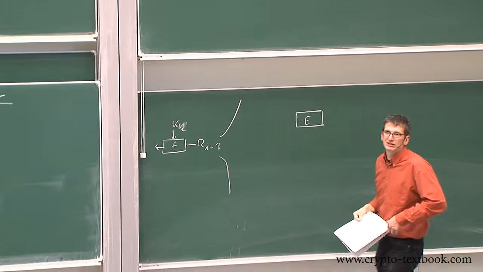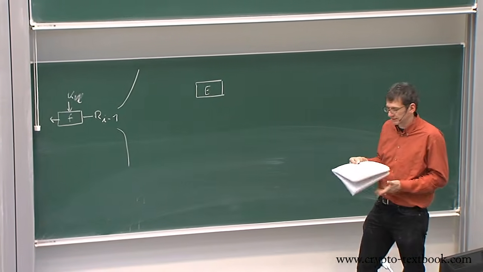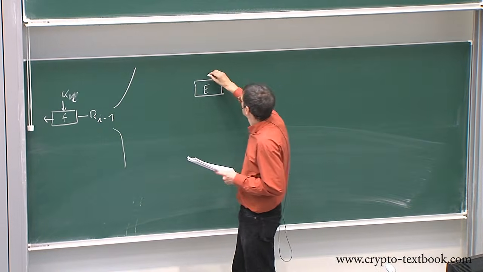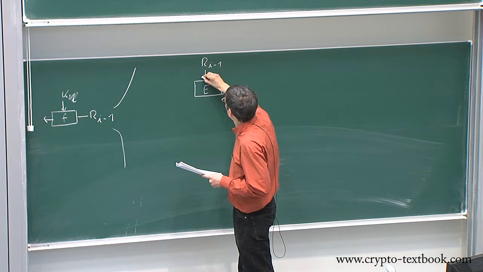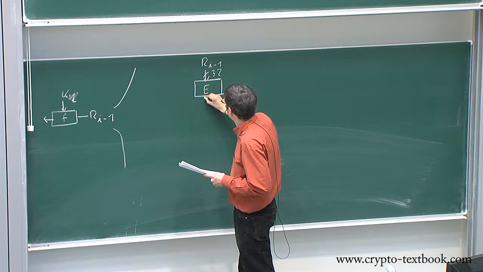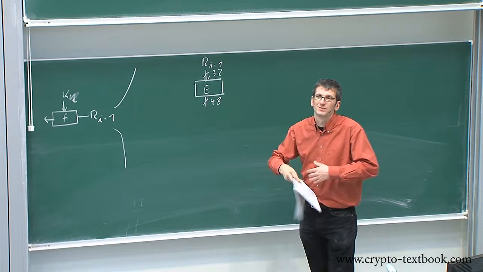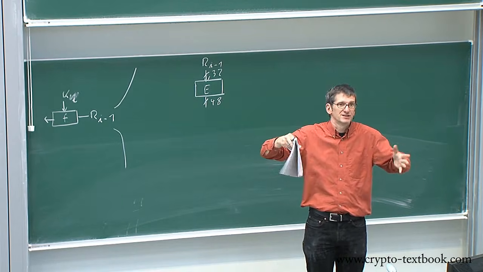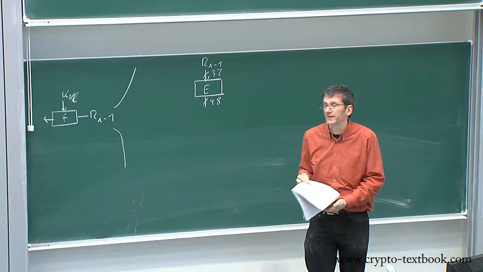We have the E, which is the expansion box. You start with this R_{i-1}, and you go in with 32 bits. What you get out is 48 bits. Expandieren, right? We go from 32 to 48. It becomes bigger, it expands.